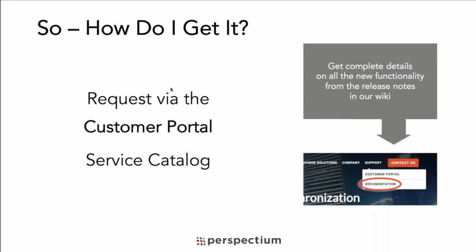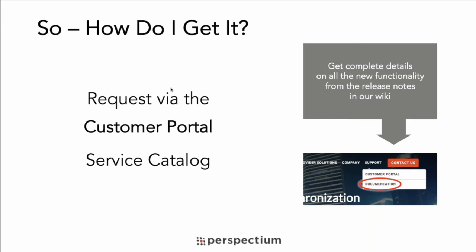And so the question then is, how do you get your hands on Europium? You request it via the customer portal service catalog. In fact, you probably have already received an email telling you exactly how to get the new release, because it is available now. But if you haven't received that, you can just request it via the service catalog, and you can access that via the top right-hand corner of our website.